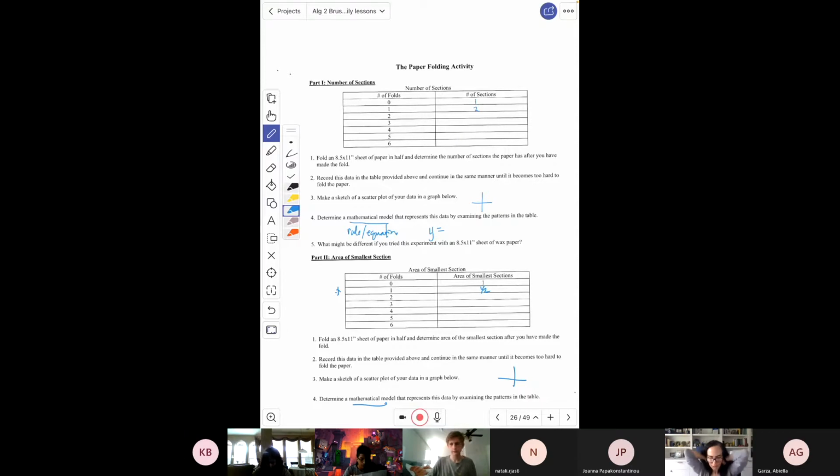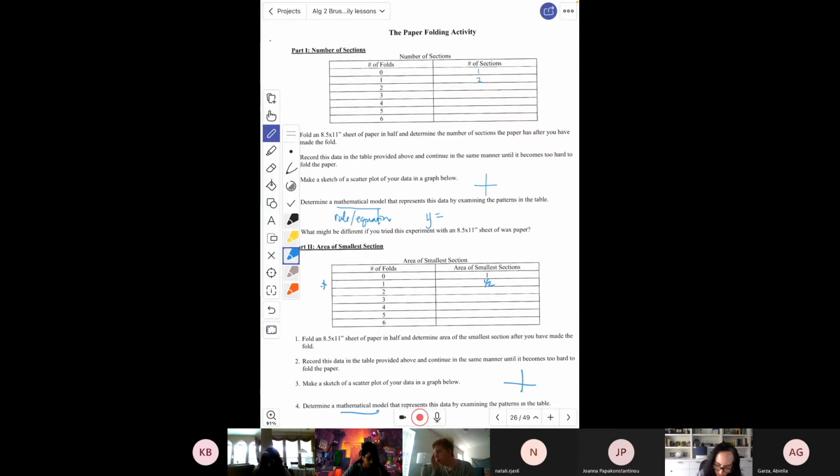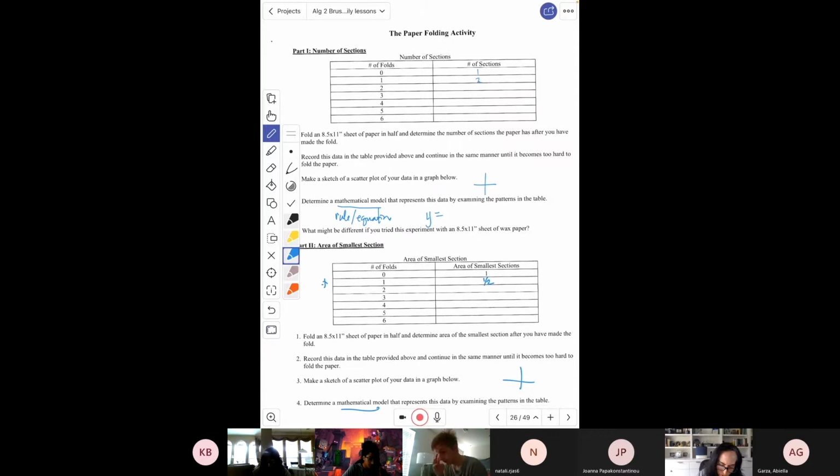When you think you have the table of values for each of them, raise your hand in teams. Then I will confirm the table of values and then let you have a little bit more time to try to figure out the rule. I'm not going to spoil the surprise.